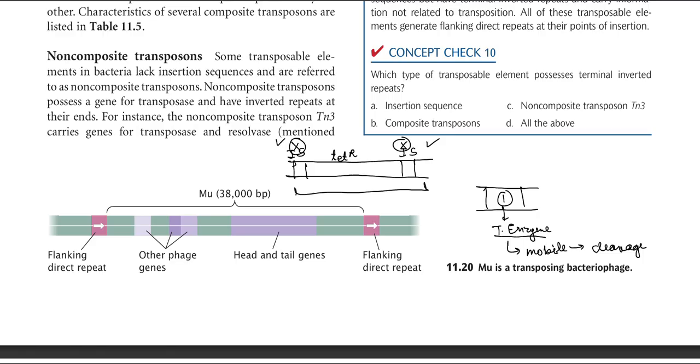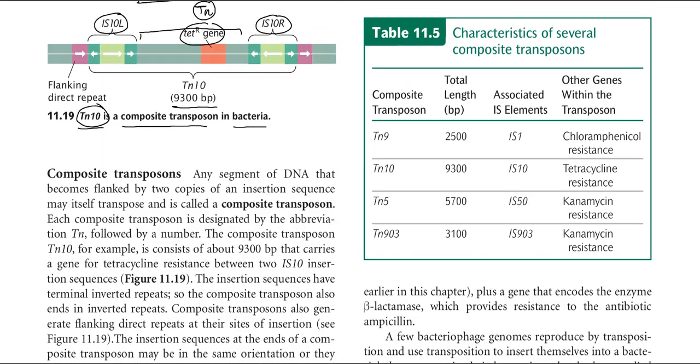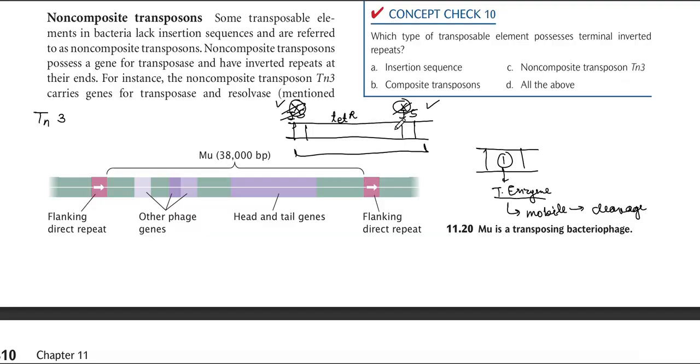When we talk about non-composite transposons, they do not have these insertion sequences, but still they have certain genes which can code for transposase enzymes, and through that they can be mobile easily. The best example is Tn3. The Tn3 consists of genes for the transposase enzyme, which codes for resolvase also, even for beta lactamase.